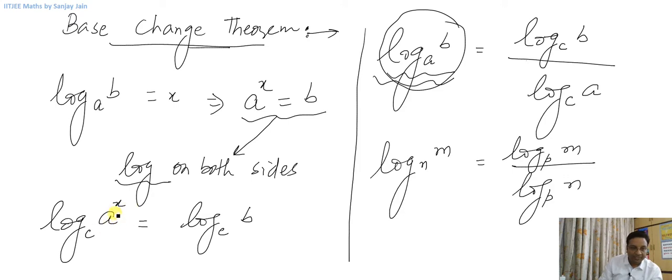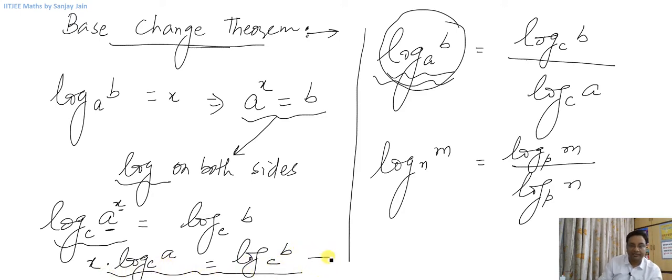Now see, from this expression, I've got x as power of my argument, so I can take x outside, so I can write log a to the base c into x equal to log b to the base c. And from here, what is x? X is equal to log b to the base c divided by log a to the base c.